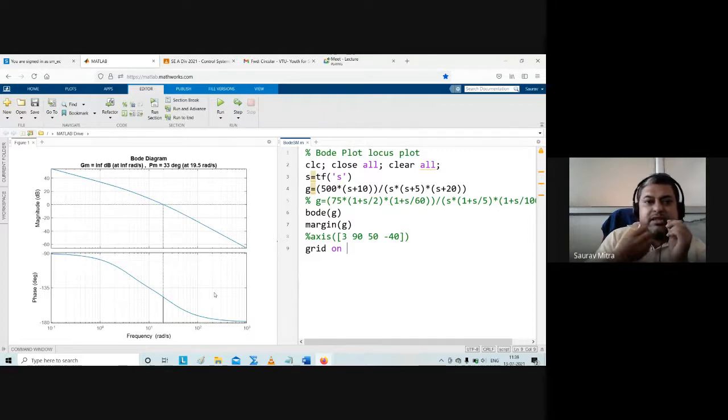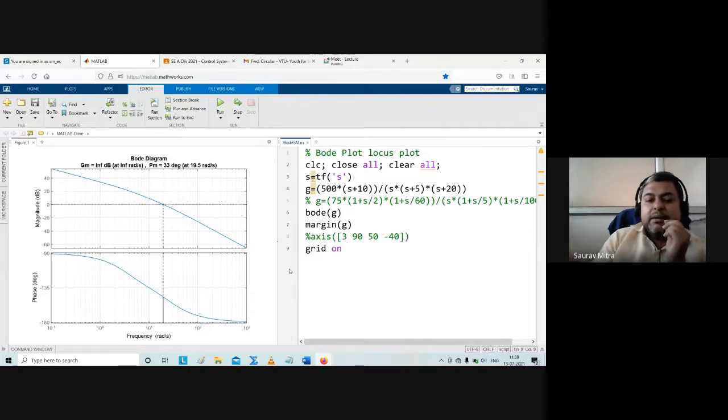Is this effect understood? Can anybody explain what has happened? So I have changed this 0 from 60 to 10. That means I am inputting a 0 early. Initially when the 0 was late, the 0 was coming after 20. So what happened was, initially the whole system was going below minus 180, and then it was slowly coming up to minus 180 phase.